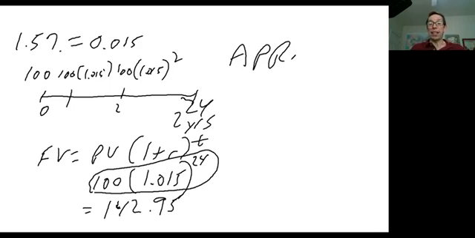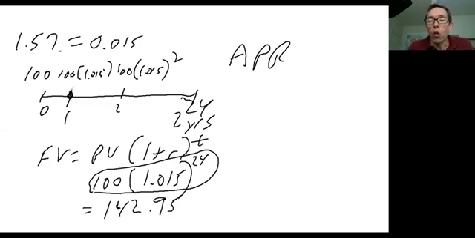So how do we get this APR? Well, if we have monthly compounding, the true interest rate is a monthly rate. In other words, your first amount of interest is tacked on at the end of the first month, not at the end of the first year. So you get 1.5% interest tacked on to how much you charged at the end of the first month.